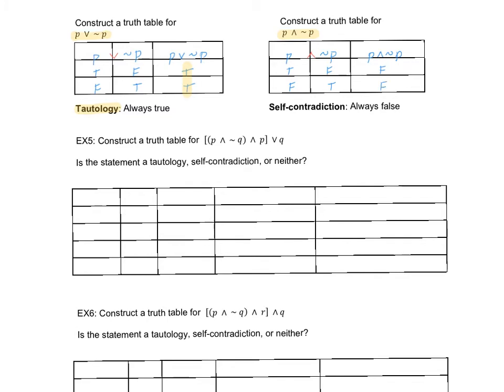In this particular case, our statement is always false. Doesn't matter if P is true or P is false. P and not P is always false. In the case when a statement is always false, that's what we call a self-contradiction. Statements are either tautologies, self-contradictions, or neither.